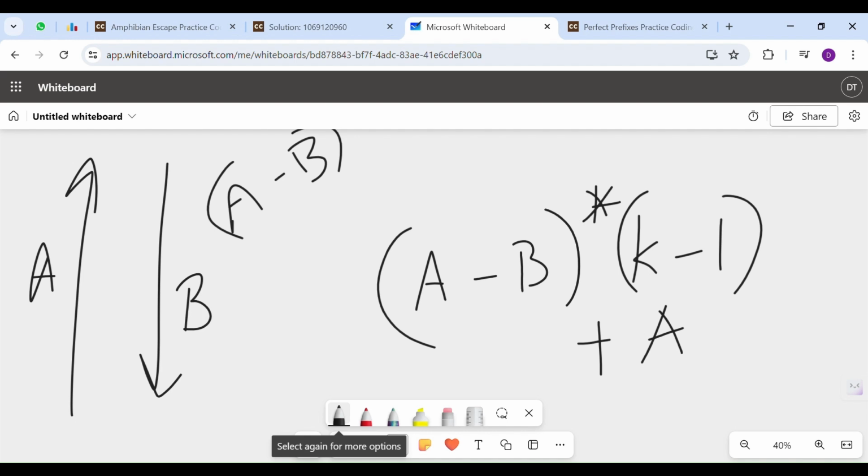This equation should be more than or equal to H. All the values of A and B which satisfy this equation are the answer to this question.